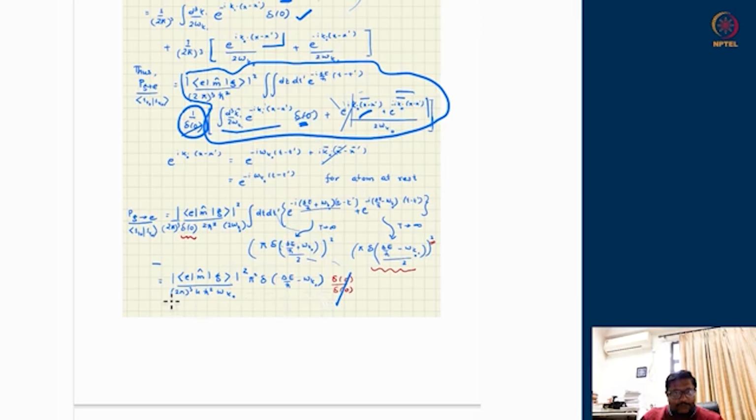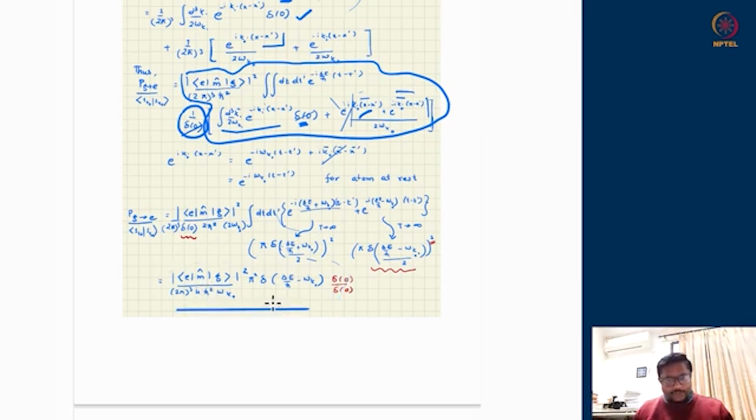The probability of transition is just the part which survives. Okay, so this is the expression which will survive.